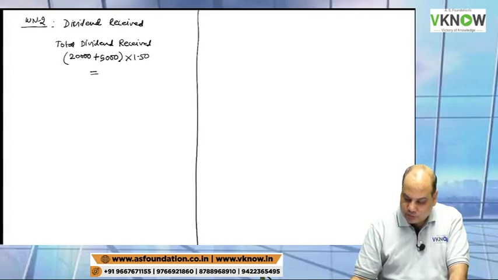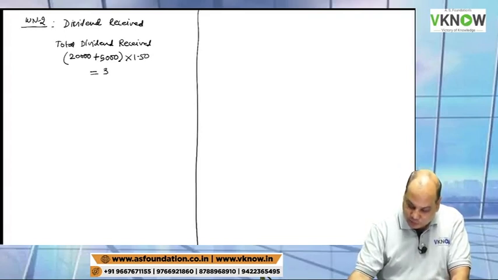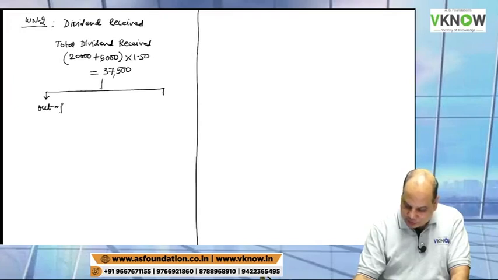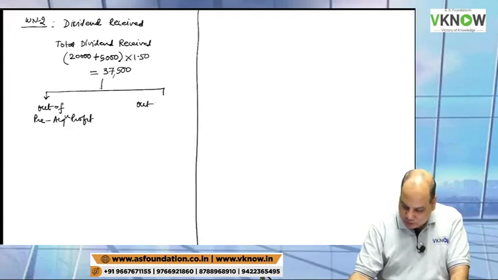25,000 into 1.50 is 37,500. And there are two sources: out of pre-acquisition profit, and out of post-acquisition profit.